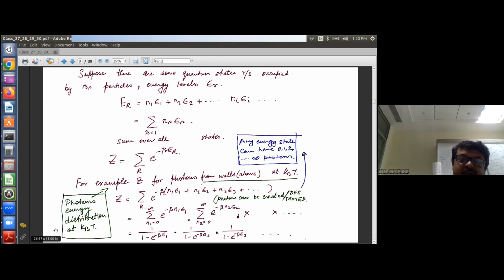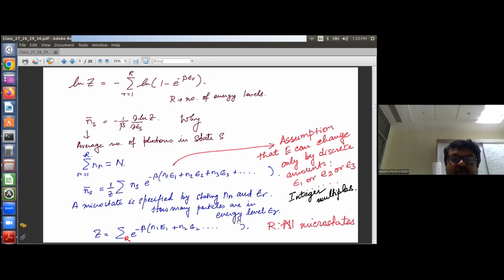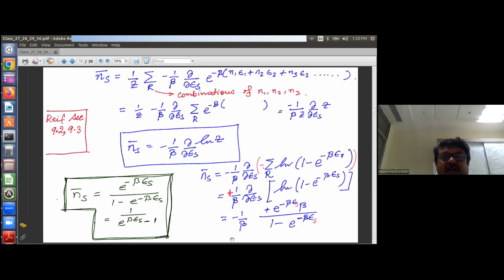And you have already calculated the expression of z. So this can easily be calculated. So here I have done the n bar s equal to 1 by z sum over all r of minus 1 by beta del del epsilon into e to the power of the energy of a particular microstate, and you're summing over all possible microstates.